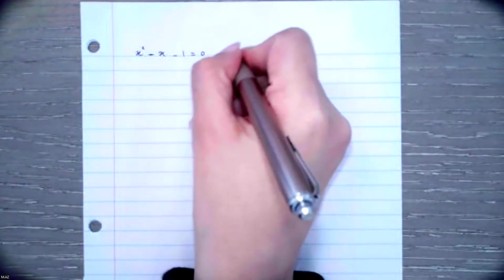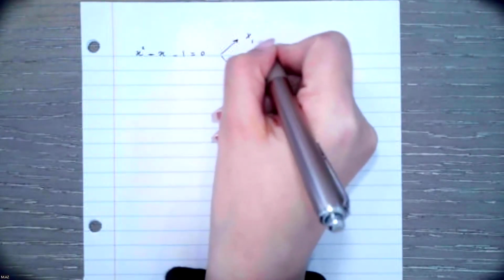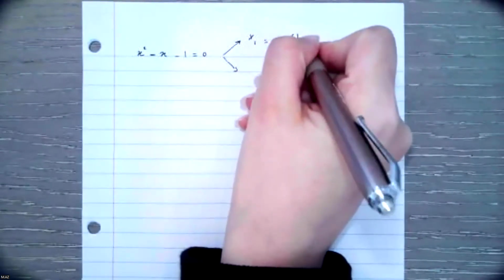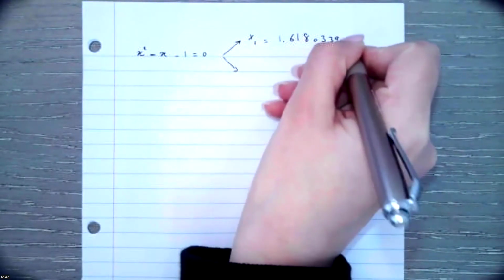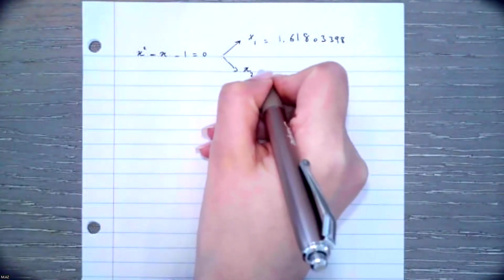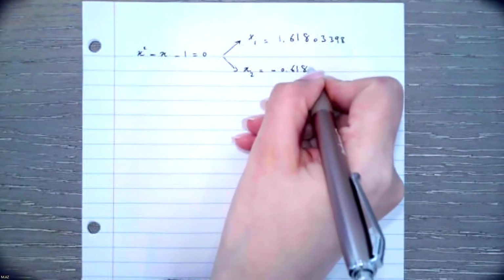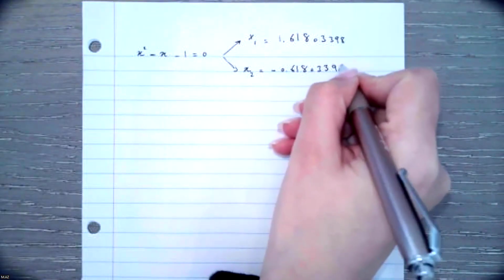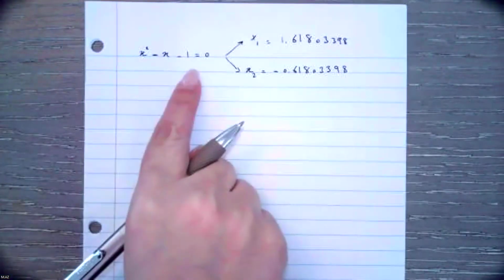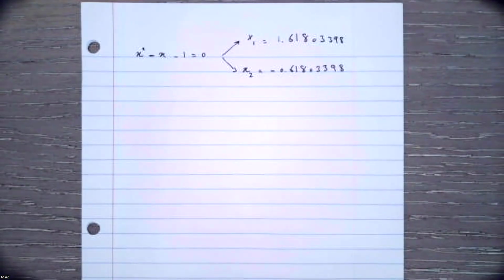This is the f of x that we have, and one of the roots of this polynomial function is 1.61, and this is the next root. These are the two roots of this function, and now we are trying to find the roots of this function based on fixed point iterations.